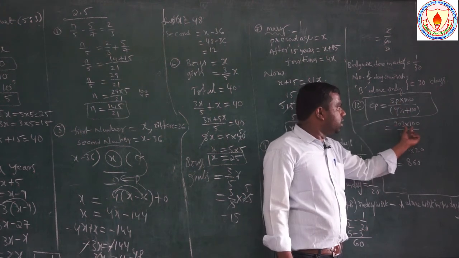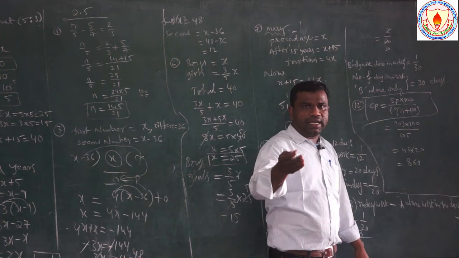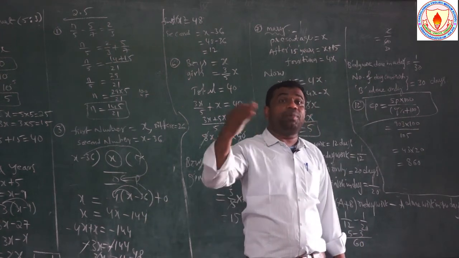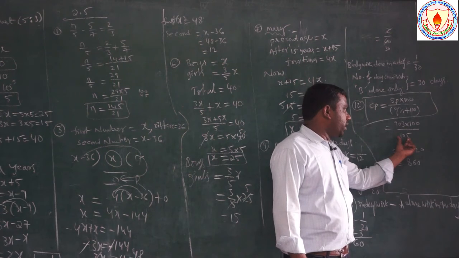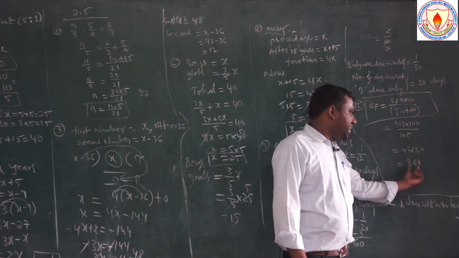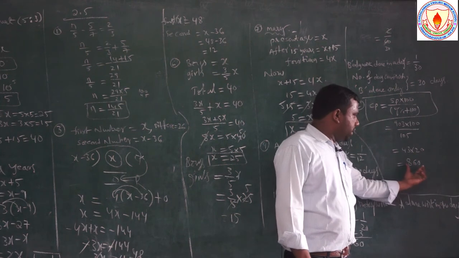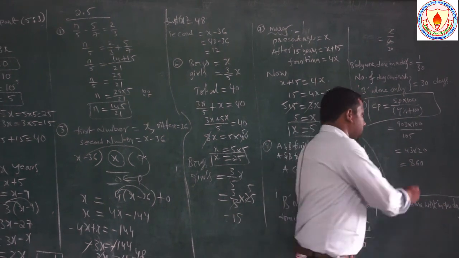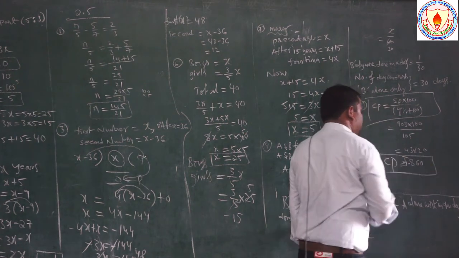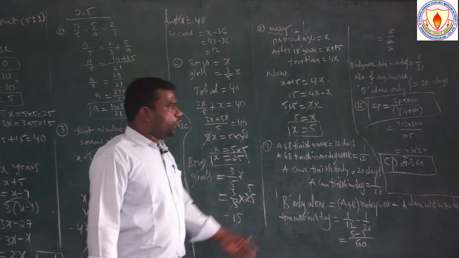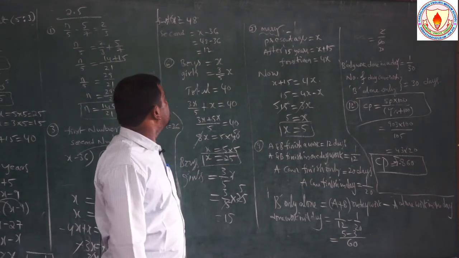So 903 into 100 by 105. 5% extra means 100 plus 5, 105. So after cancellation, the cost price of that thing is 860 rupees.